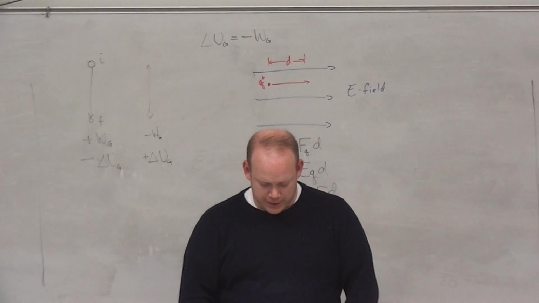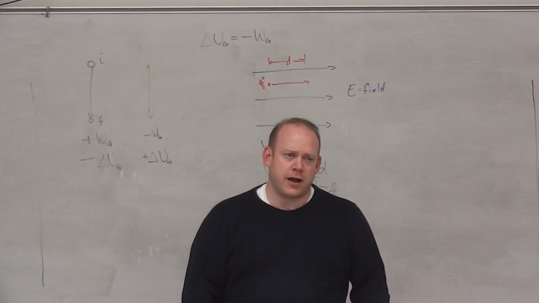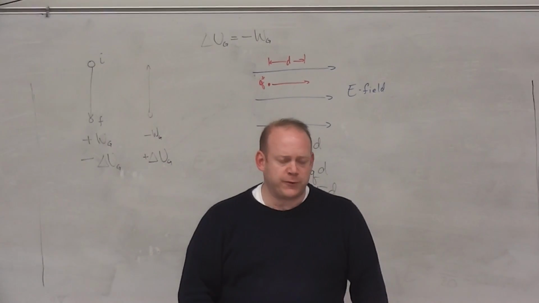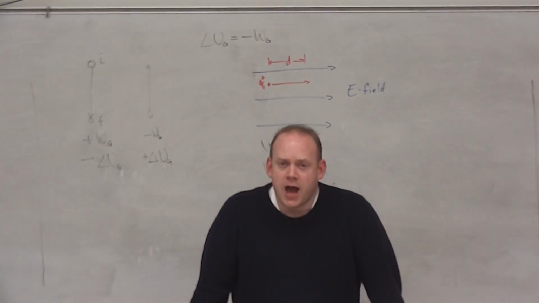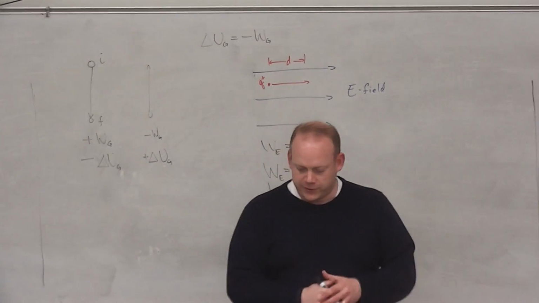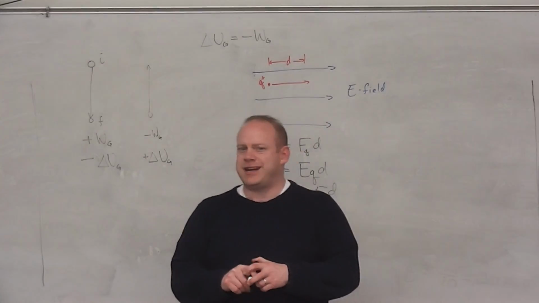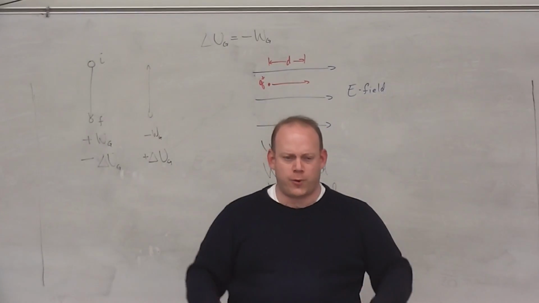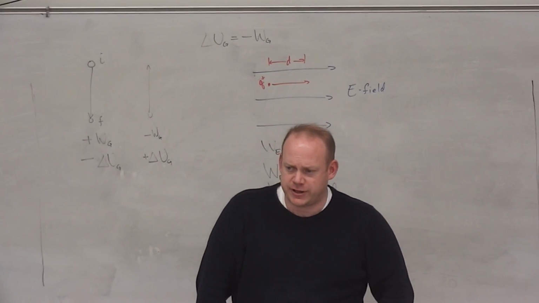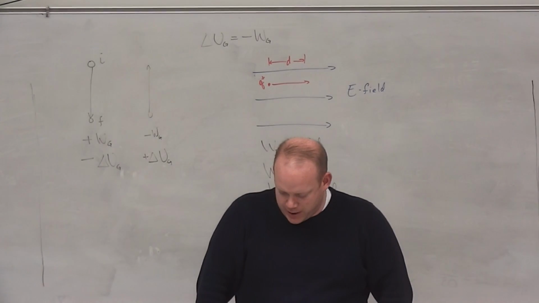Now, when we talk about reference point for potential energy equaling 0, for astronomical distances, we set potential energy equal to 0 way far out away from us. We set potential energy equal to 0 at infinity.